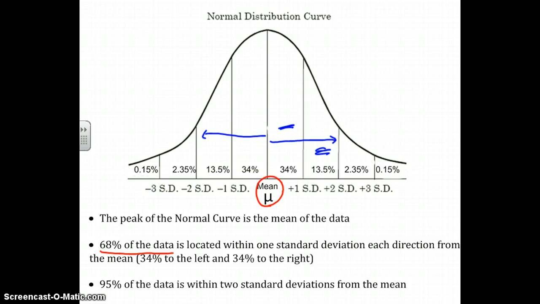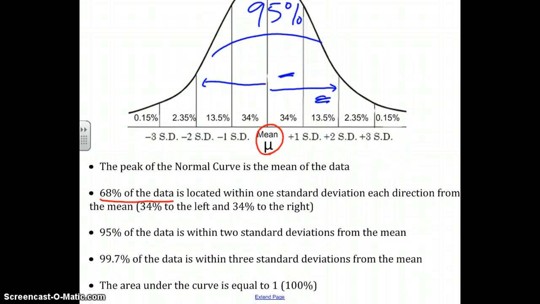So from here to here, that's 95% of our data. So if something's normally distributed, 95% of the data is within 2 standard deviations. So almost all of the data is within there. Then if we keep going, from here to here, that's 99.7% of the data.